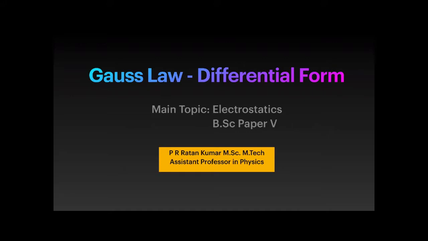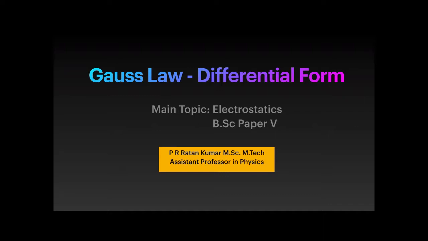Today we will discuss the differential form of Gauss law. Gauss law we have already discussed earlier. Gauss law states that the charge enclosed by a Gaussian surface is equal to epsilon naught times the flux over the Gaussian surface.